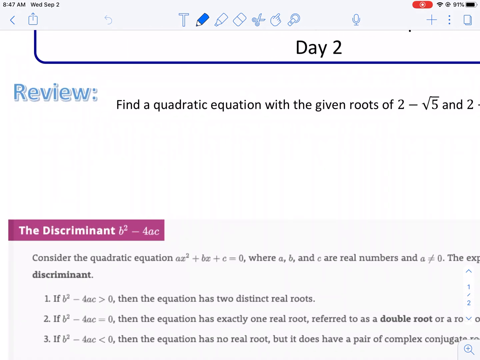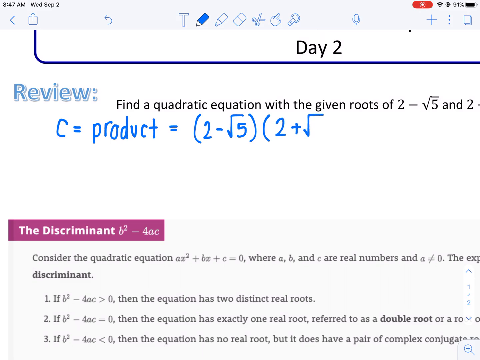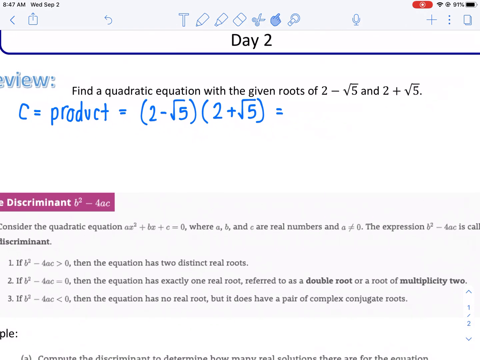Hopefully you remember that the c value of the quadratic is the product of the two roots. So I'm going to take my first root, which is 2 minus root 5, and multiply it by my second root, which is 2 plus root 5. I'm going to show my FOIL skills here.